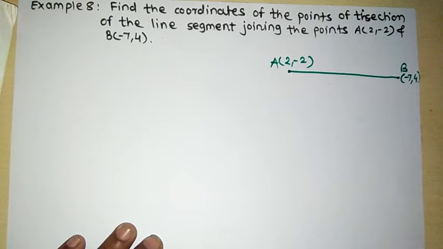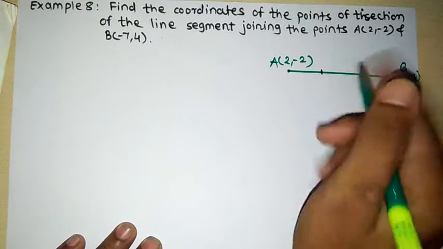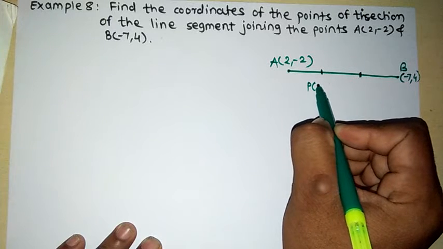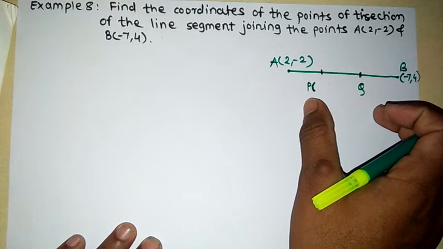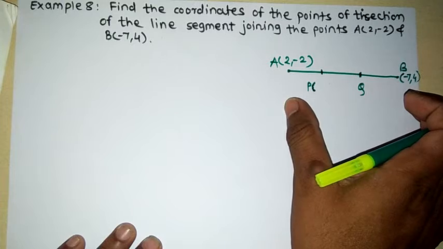Now we have to find the coordinates of the trisection. Let P and Q be the 2 points which trisect the given line segment AB.